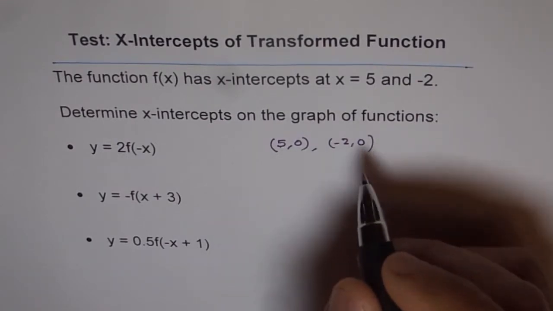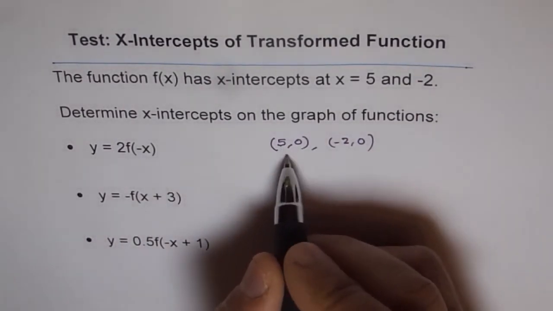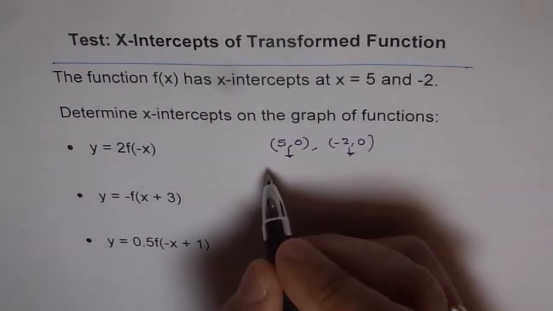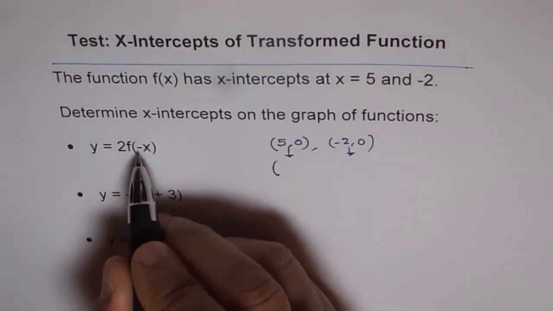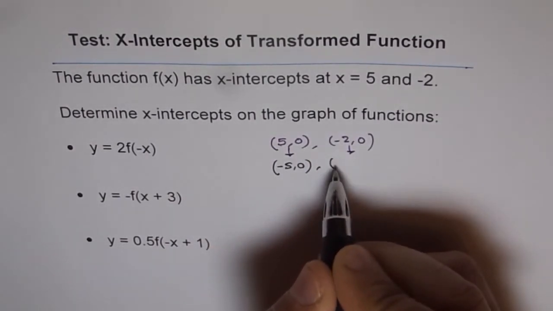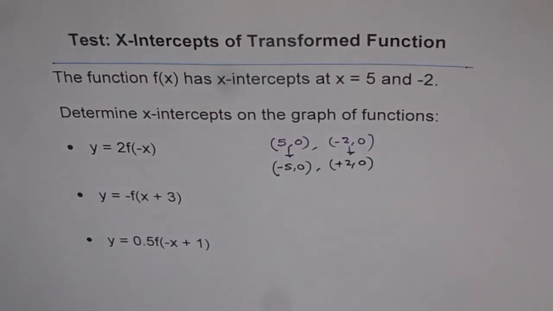Therefore, our transformed points will be on this function, and now you can write down your answer. So this will be minus of this: minus 5, 0 is transformed to plus 2 and 0. Do you understand? That is how you can give transformed points.